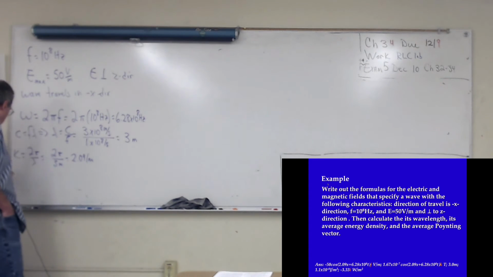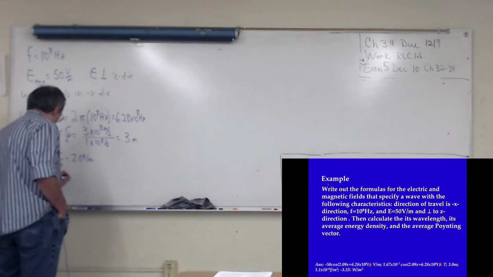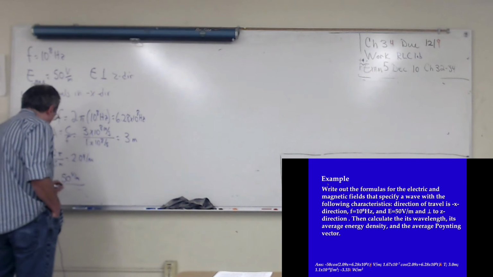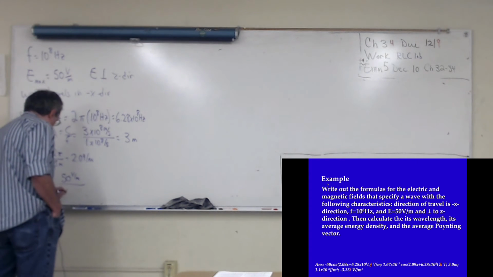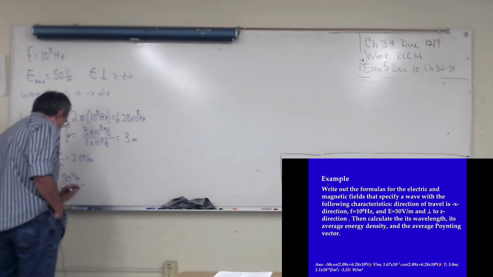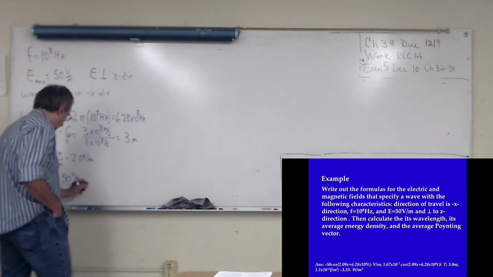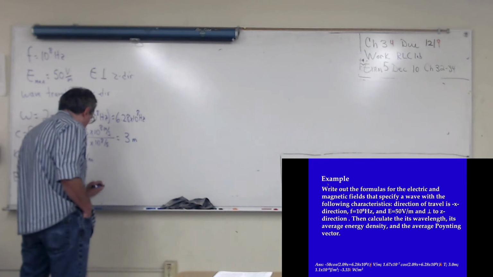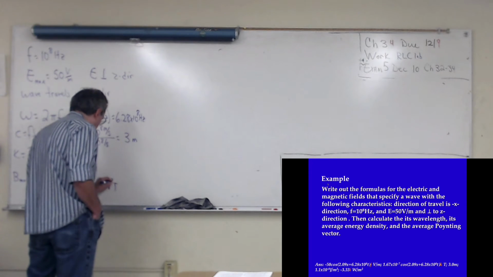B max. 50 volts per meter divided by the speed of light is 1.67 times 10 to the minus 7 Tesla.